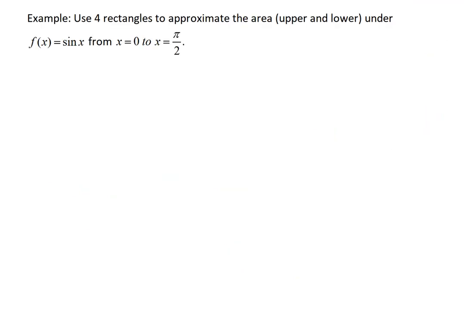Let's try another example where this time it says use 4 rectangles to approximate the area, upper and lower, under the curve f of x equals sine of x from x equals 0 to x equals pi over 2. Alright, so let's get a visual going for this one.